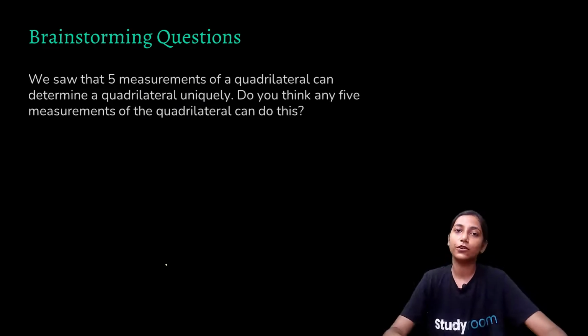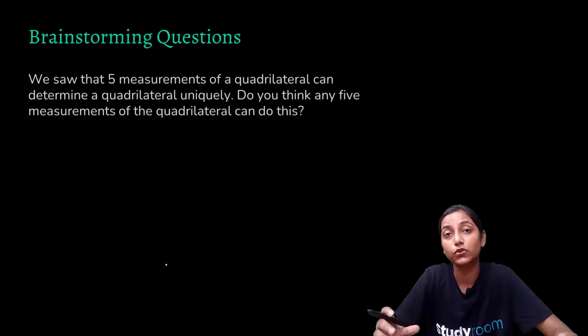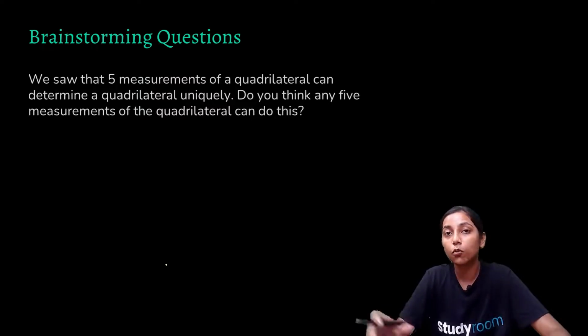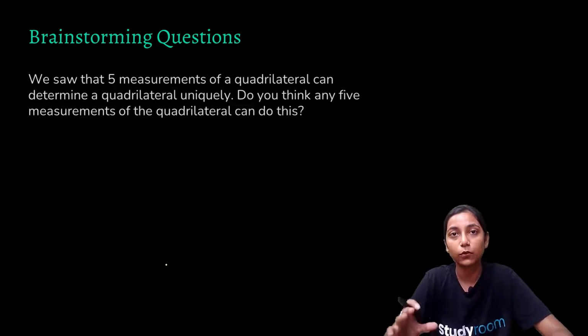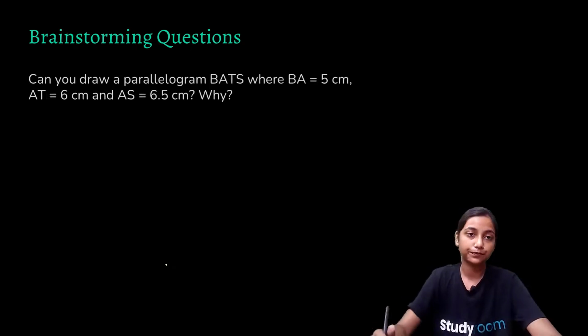The answer to this question will be no, because there are only some specific combinations of those 5 measurements that we require in order to construct a quadrilateral uniquely. We are going to learn about these only.